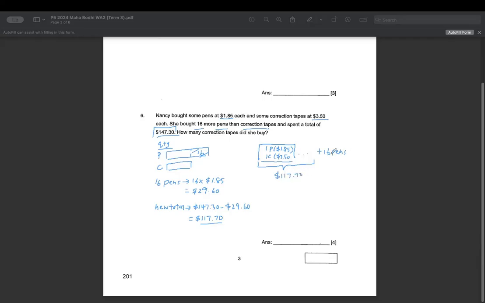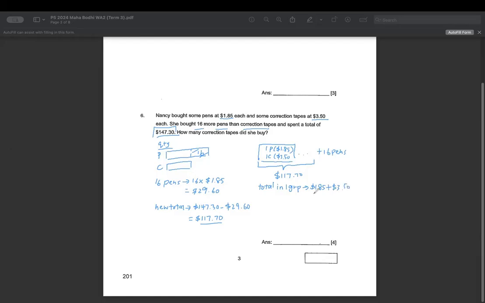Okay, so your total will be $117.70. All right, so now for grouping, we find the total in one group. So I'll write total in one group. It will be $1.85 plus your $3.50 for your correction tape.